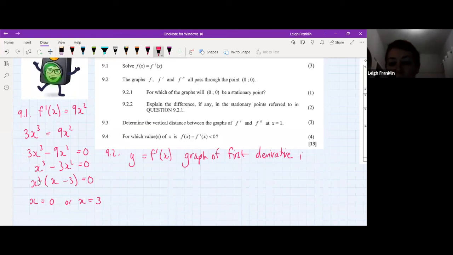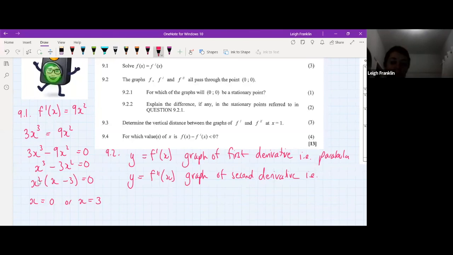Okay, so in other words, in this case, it's going to be a parabola. The graph of y equals f double prime x is going to be the graph of the second derivative, and it's going to be a straight line, in the form y equals mx plus c.